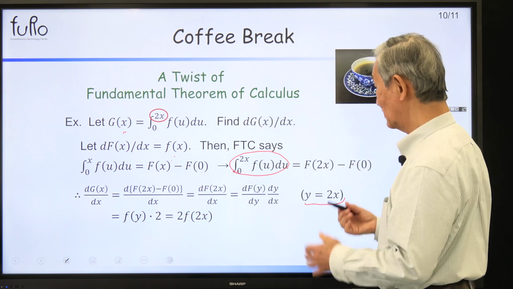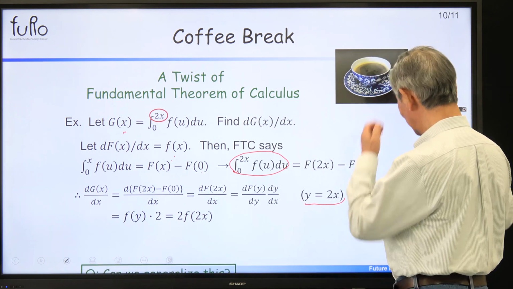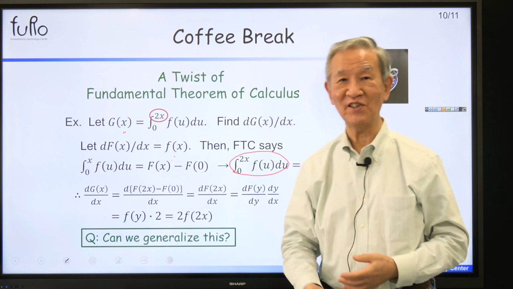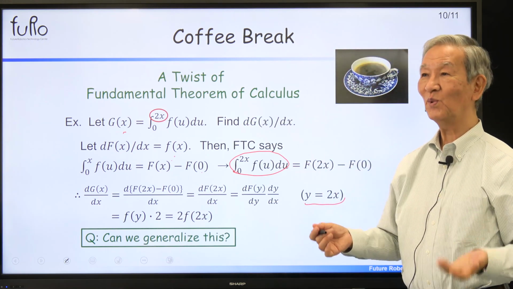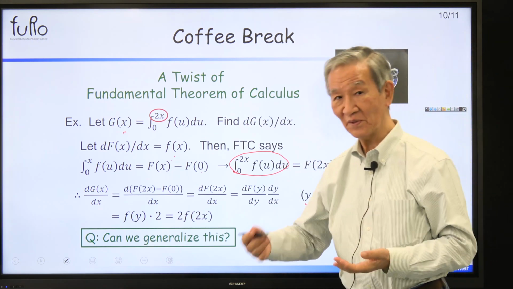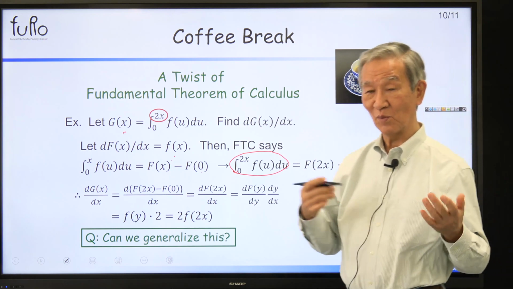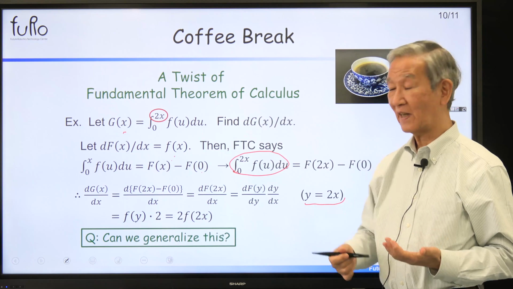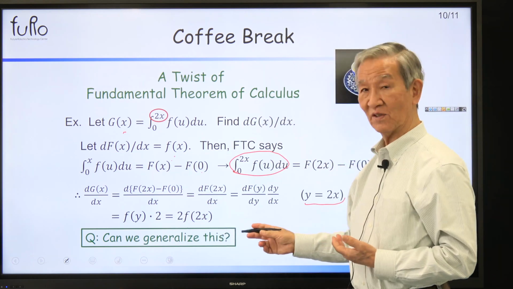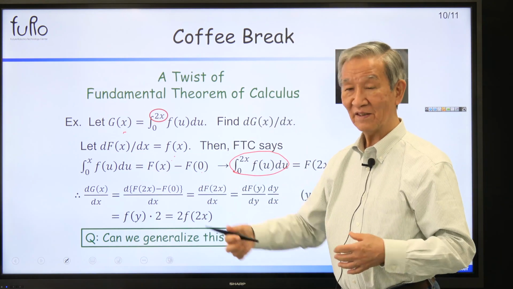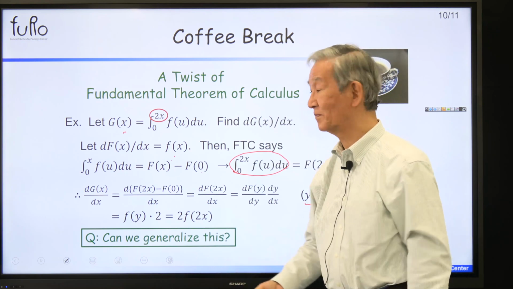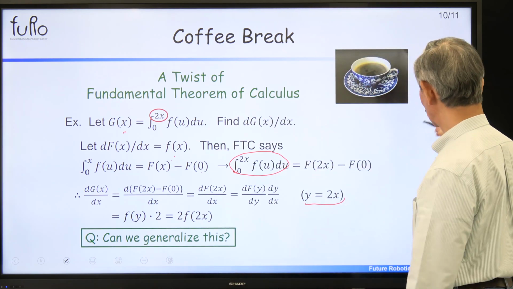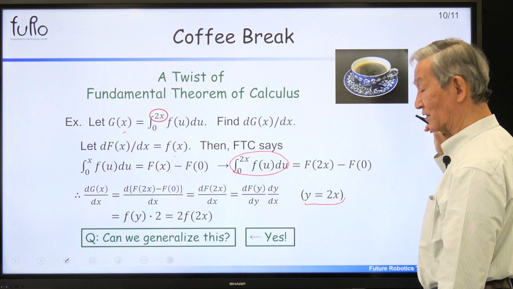Now, if you stop here, you're not really a good engineer. Well, tools, if you have more tools, of course, you can solve more questions, right? So you always ask, can we generalize this? Or can we make this tool more useful? The answer for this question is yes.